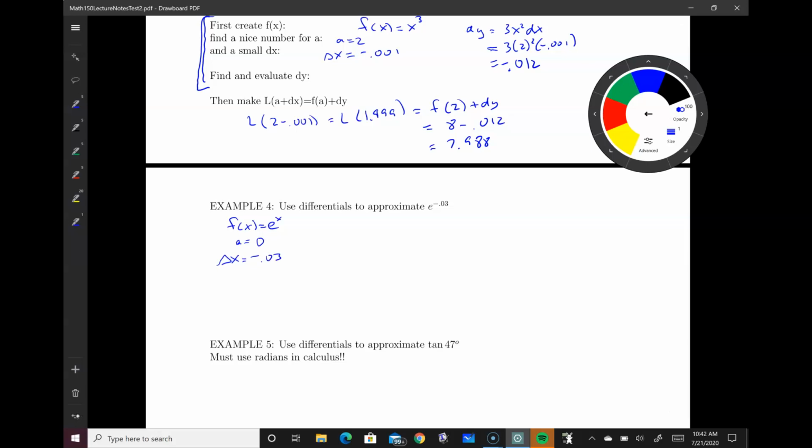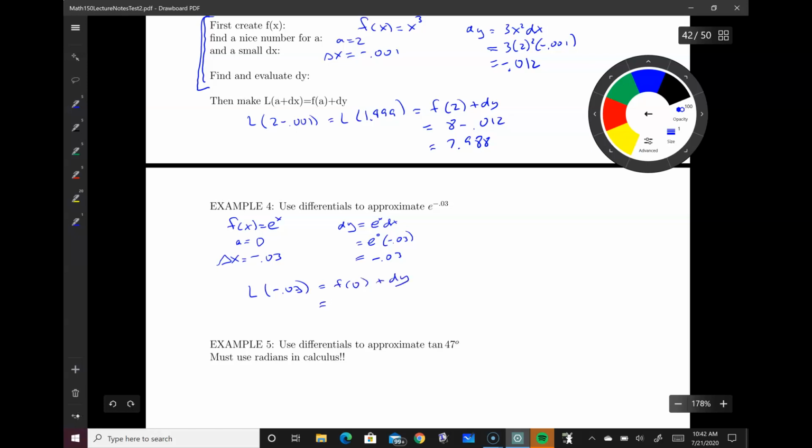All right, so let's go again. Go find the dy. So that's the derivative, e to the x dx. So I'm using 0 for x and negative 0.03. So my dy is negative 0.03. So my linearization at negative 0.03 is equal to f of a, f of 0, plus my dy.